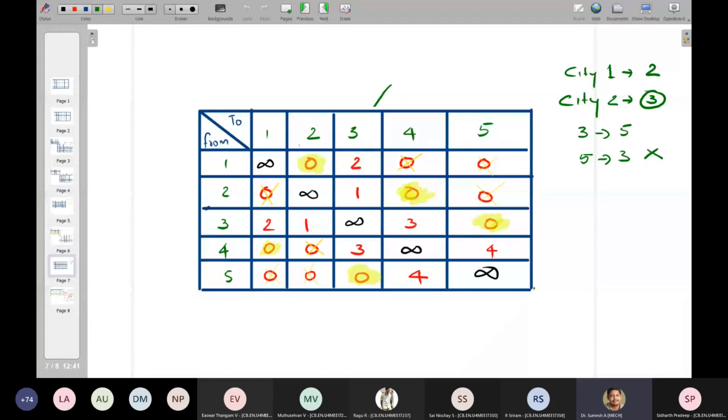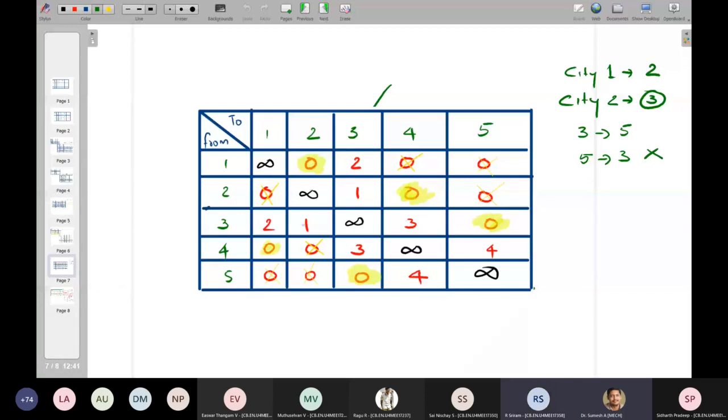Then 3 to 1 I don't need to consider. 3 to 2 I can't consider, it will violate. So 3 to 4 we can consider. But 3 to 4 is not the lowest. You have the lowest figures available here, 2 and 1, and already 0 is there.